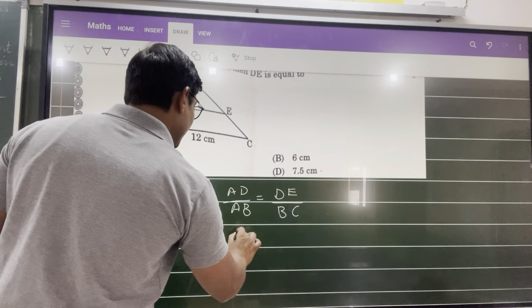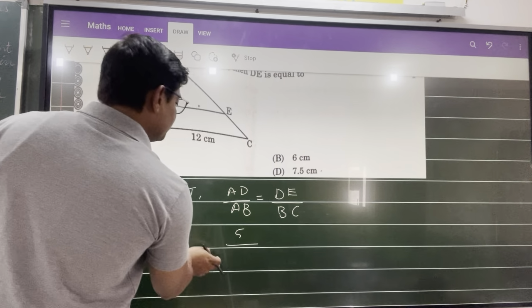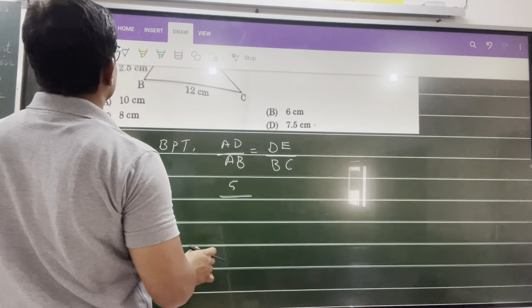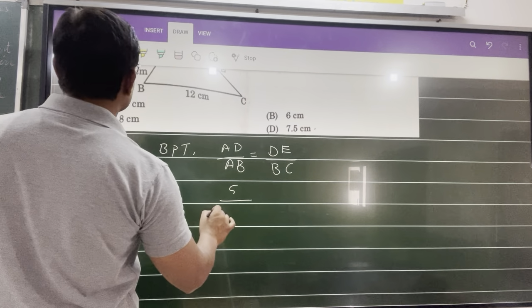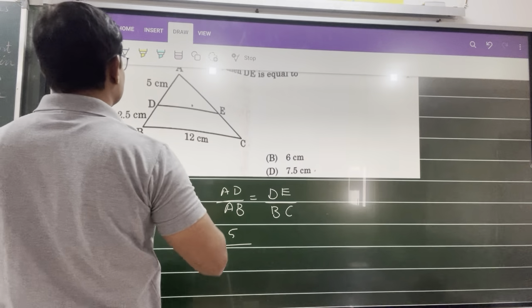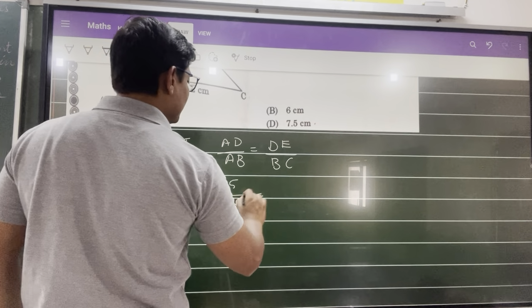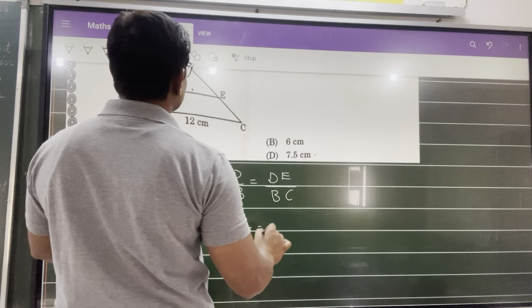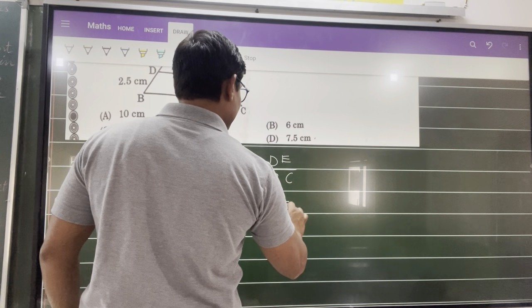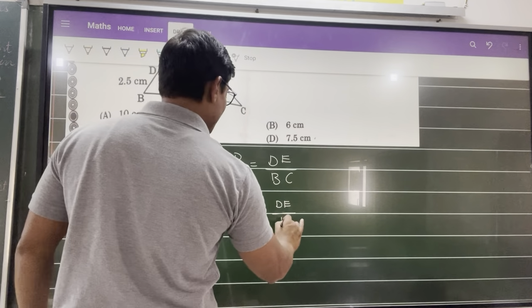AD they have given 5, and AB is nothing but the sum of these two values, 5 plus 2.5, which is 7.5 or 15 by 2. DE is unknown, and BC is 12.